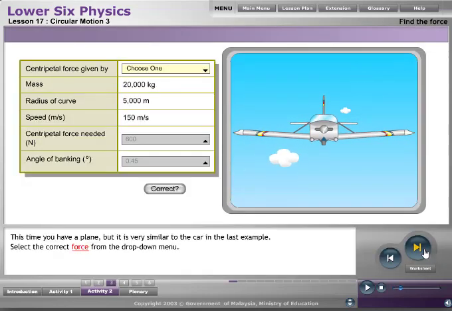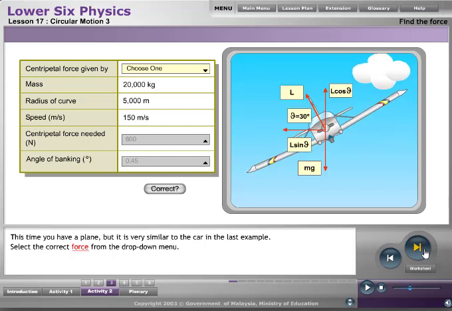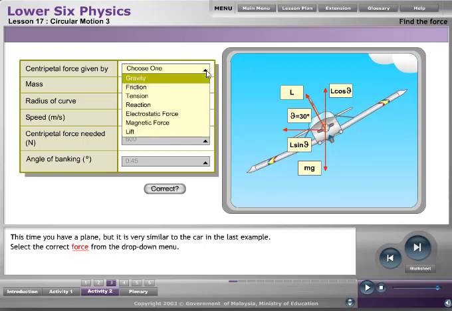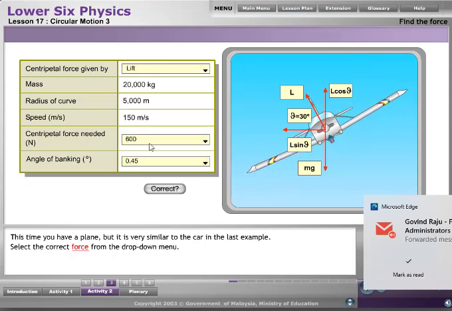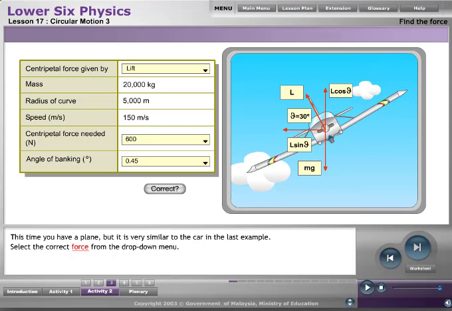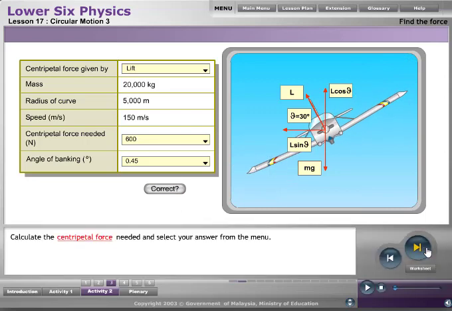This time you have a plane, but it is very similar to the car in the last example. Select the correct force from the drop-down menu. Calculate the centripetal force needed and select your answer from the menu.